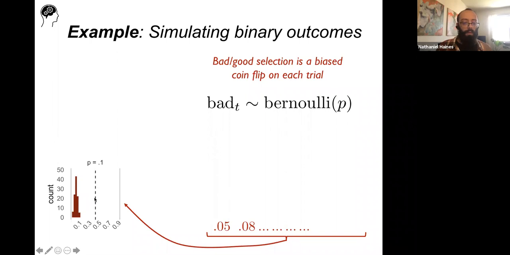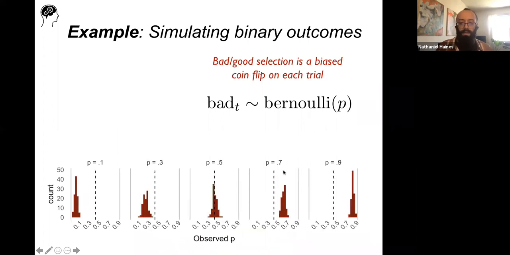I'm highlighting 0.5 here just to give a midline that you might see. But you can also look at what this might look like across different values for p, right? If p is 0.5, you might get a distribution that looks something like this, or p 0.3, something like this.